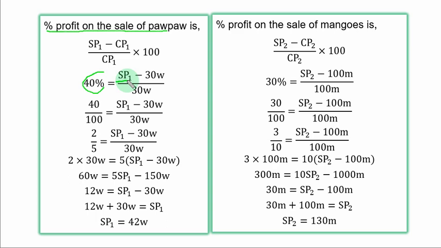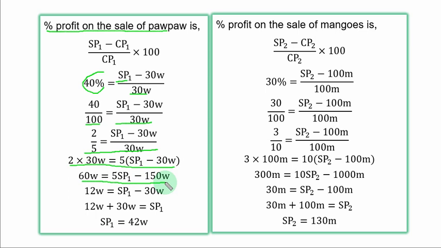SP1 is unknown, but CP1 is 30W as we denoted earlier. So if you express this from percentage, you have 40 over 100 equal to the right hand side. If you reduce, you have 2 over 5 equal to the right hand side. So here we are going to get SP1 in terms of W. If you cross multiply, you have it in this form. If you open the bracket on the right hand side, you have it in this form.